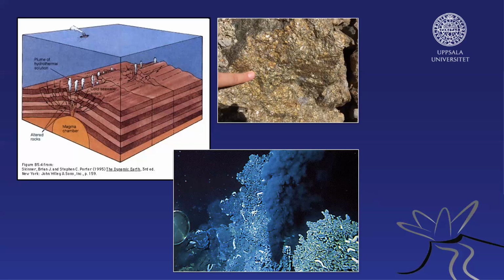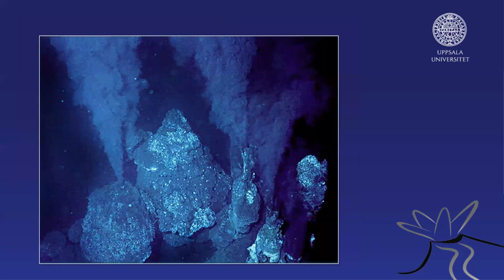That means seawater goes into the oceanic crust, goes close to the magma chamber. Then you have a lot of chemical reactions. You form that eventually, but before you form this. This is a black smoker.